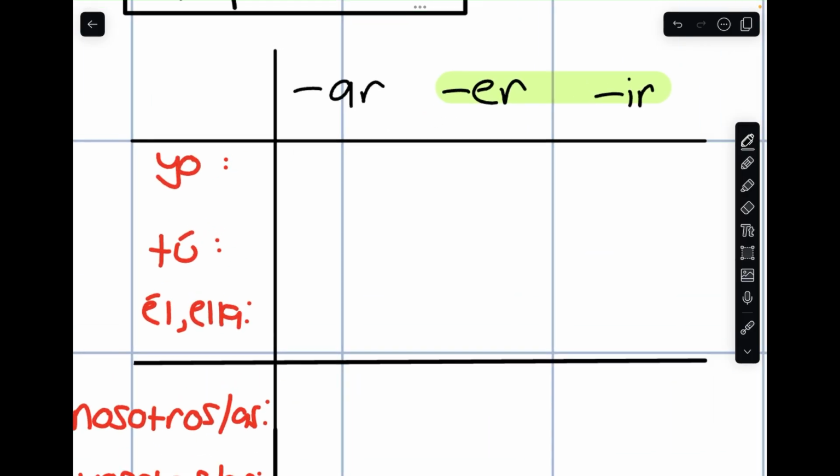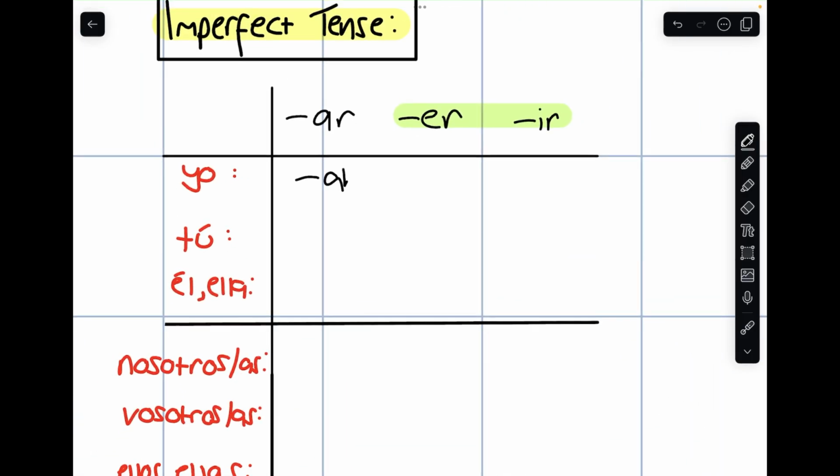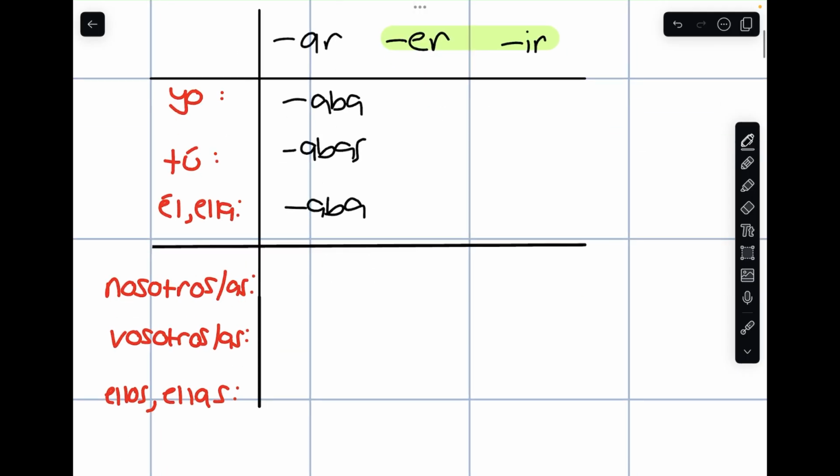So for AR verbs, we take off the ending and we add on aba, abas, aba, ábamos, with an accent on the first A, abais, aban. Now for ER and IR verbs, remember, these are the same endings.